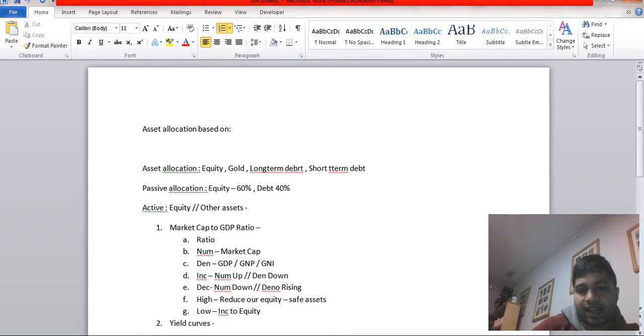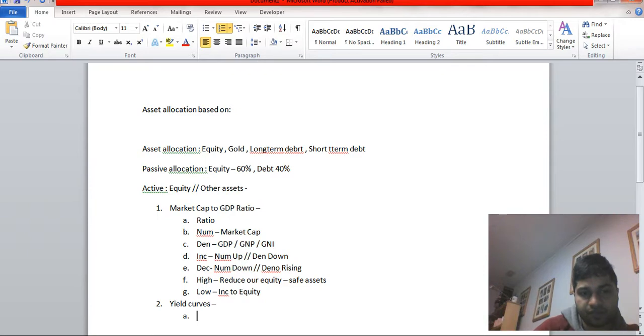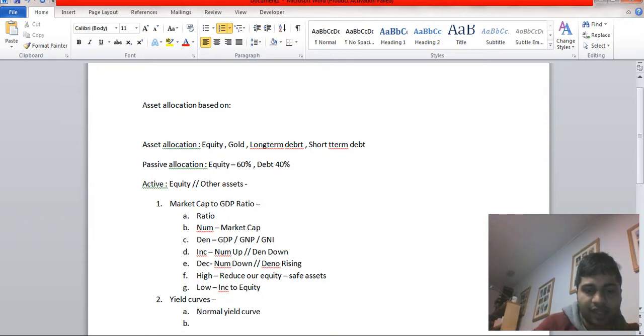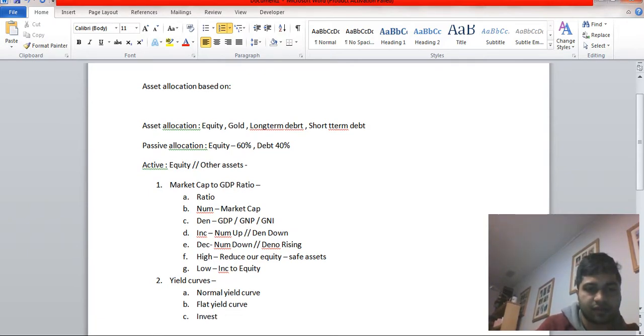Next way to decide asset allocation is yield curve. So there are three things: normal yield curve, then there is flat yield curve, and there is inverted yield curve.